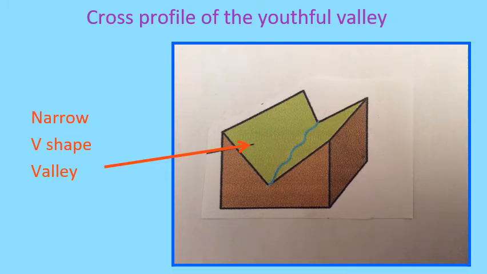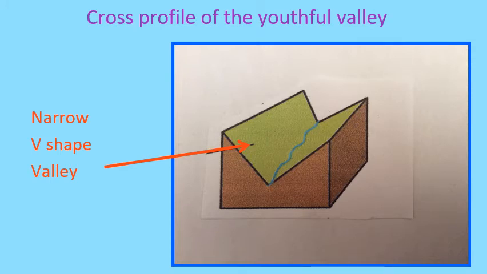This diagram shows us the cross profile of the youthful valley. Now, do you remember that term, cross profile? Remember, the cross profile of the river shows us what the width of the river looks like. And there, in that diagram, we once again observe that in the youthful stage of the river, the valley is narrow, it's steep, and it is V-shaped.